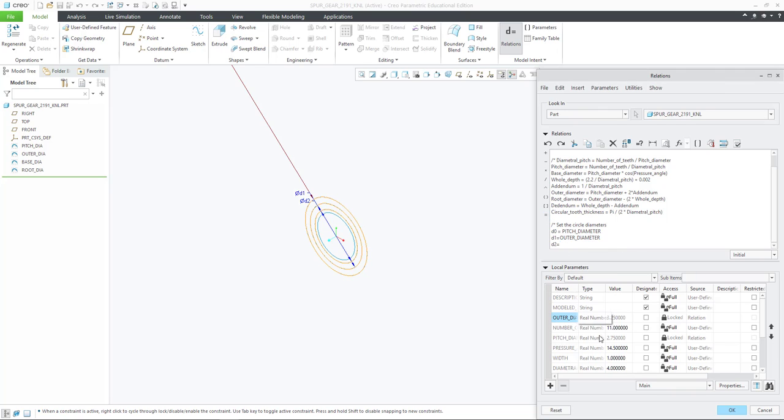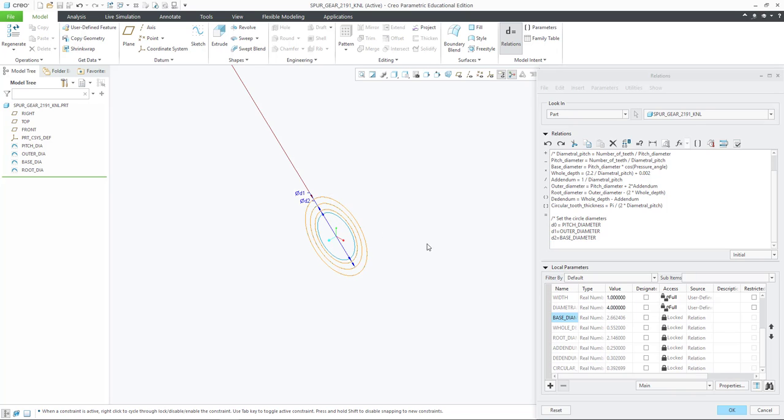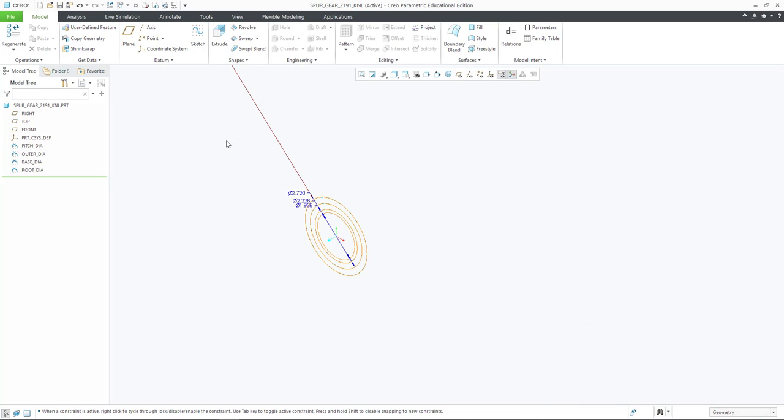D2 equals base diameter. D3 equals root diameter. And good.